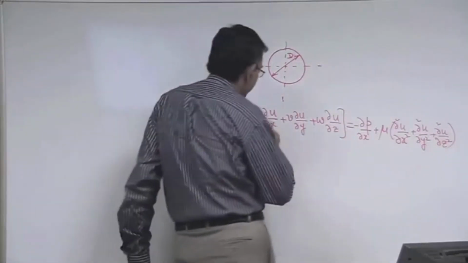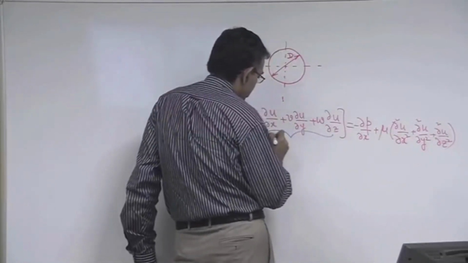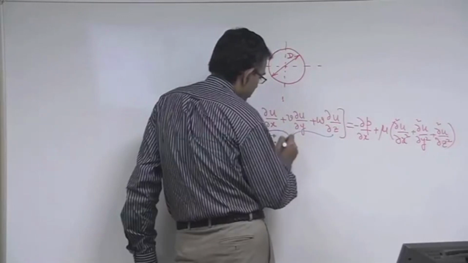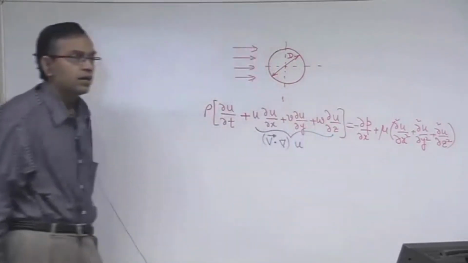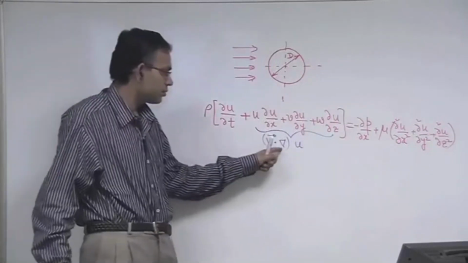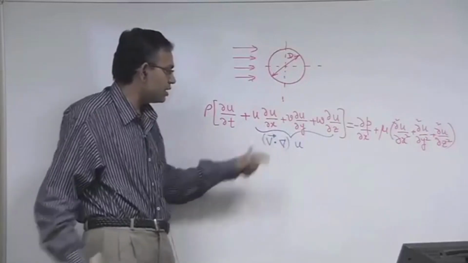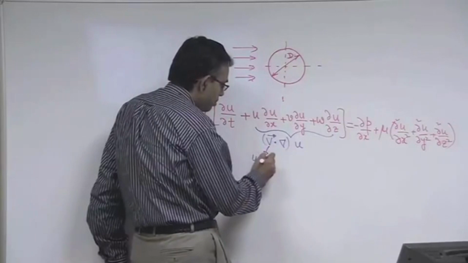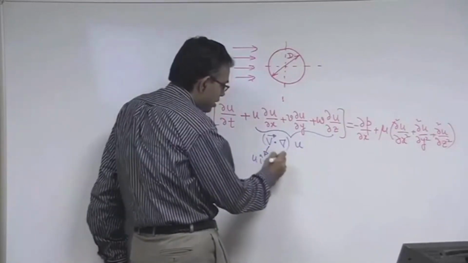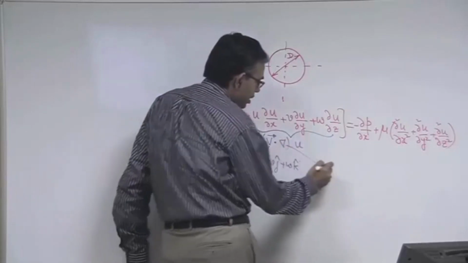So now you can write this term V dot del u, because this V dot del is what? This V is ui plus Vj plus Wk, and what is this del?